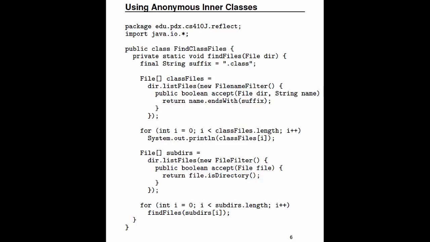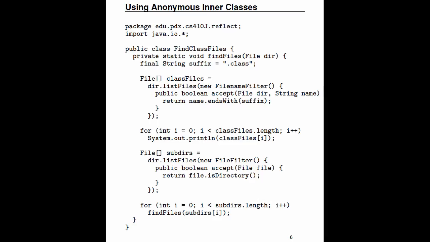Okay, what am I talking about here? Here's an example. You may recall when we learned about file I/O, we saw a couple of interfaces called FilenameFilter and FileFilter. We wrote a little program that started in a directory and recursively found all of the files whose names ended in .java.